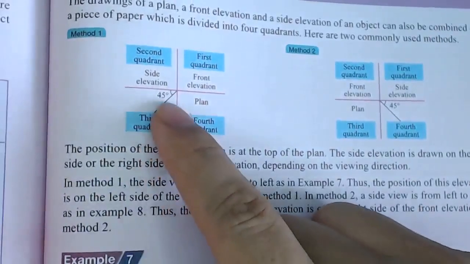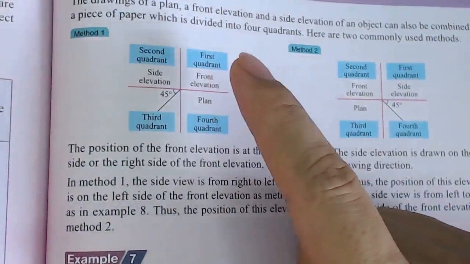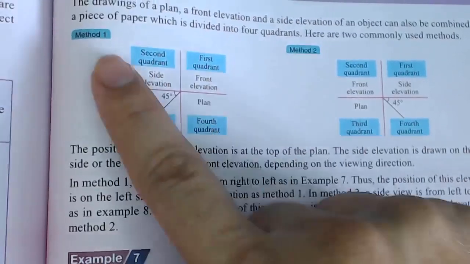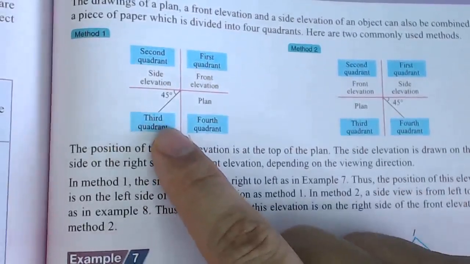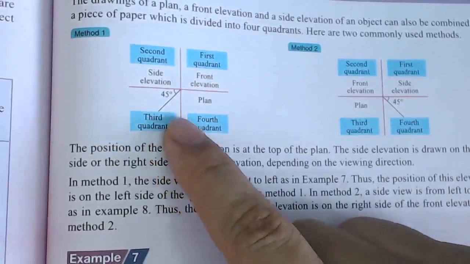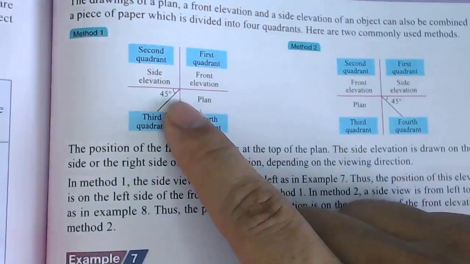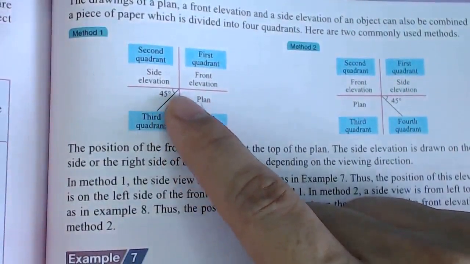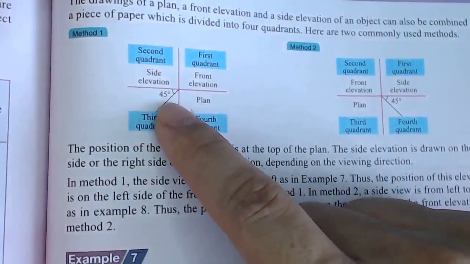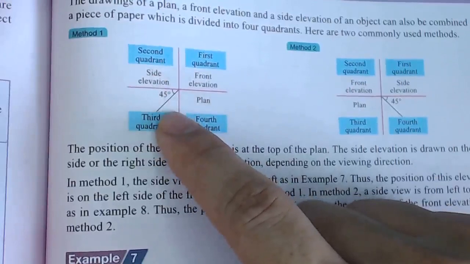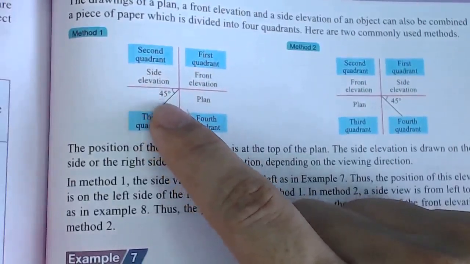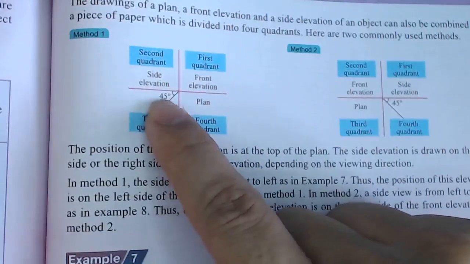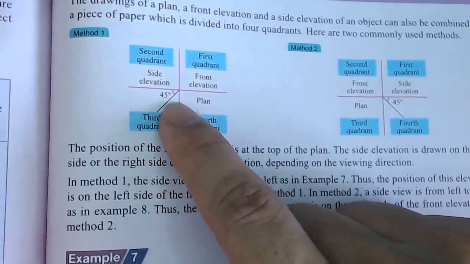Now if you notice, for method number 1, we have a straight line which divides this third quadrant into two same angles, that is 45 on the upper side and 45 on the lower side.